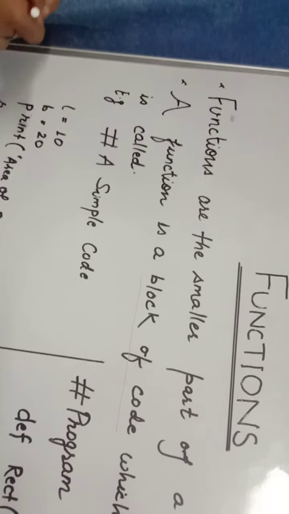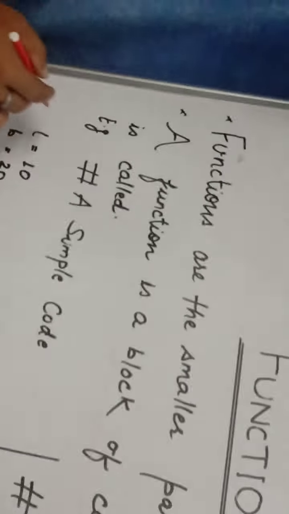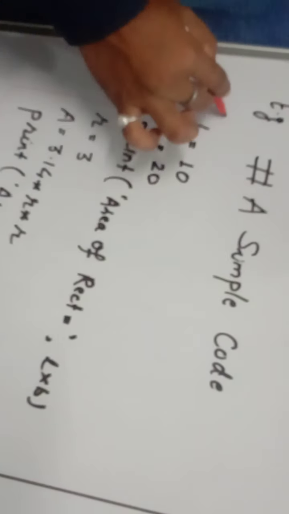Okay, see here, in class 11th you are very familiar with this code. You all have executed this code in your computer system. What I have done here: I have taken one variable L, one variable B, and printed the area of the rectangle.